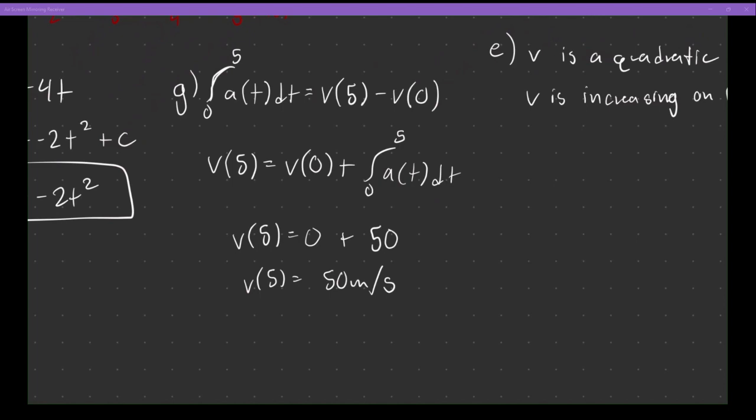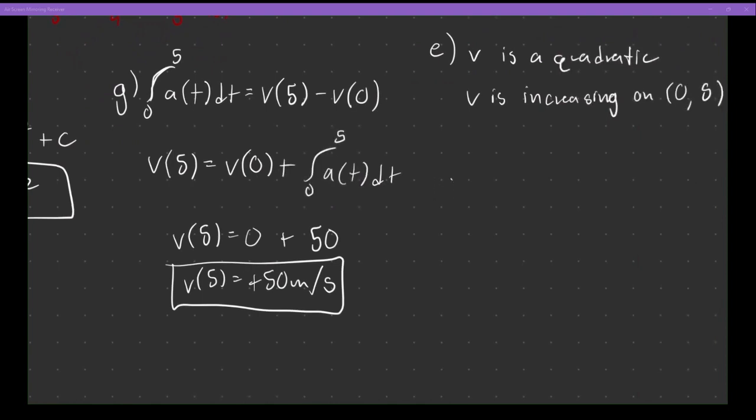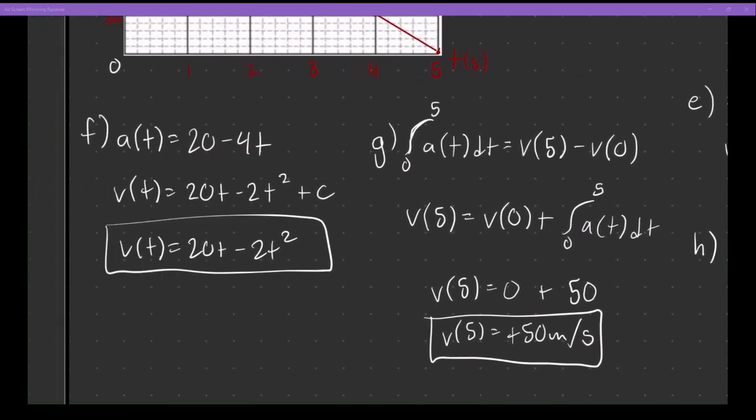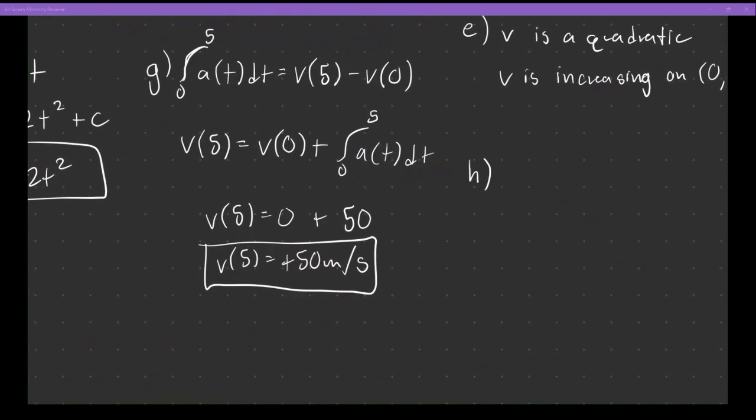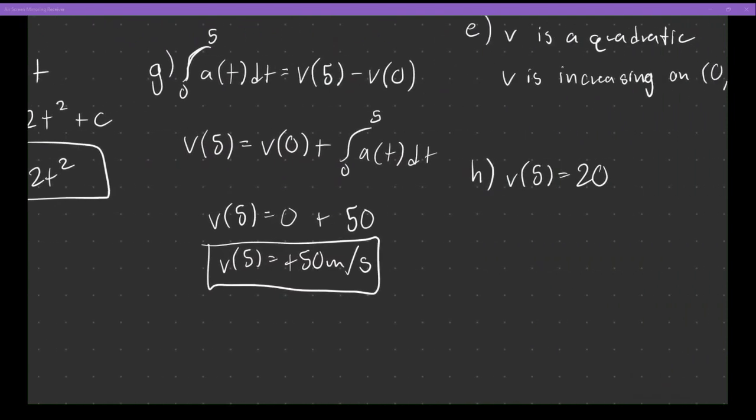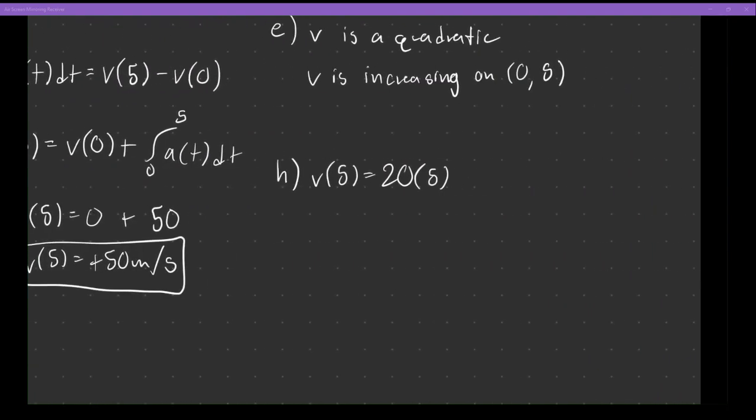And then since this is velocity, it has to be positive because velocity is a vector. And then going on with that to part H, asking to use the v of t function derived in part F. So I'll say v of 5 equals 20 times 5 minus 2 times 5 squared.